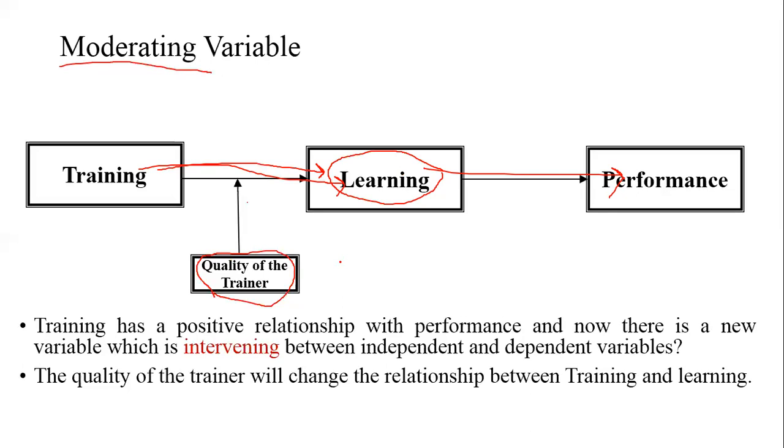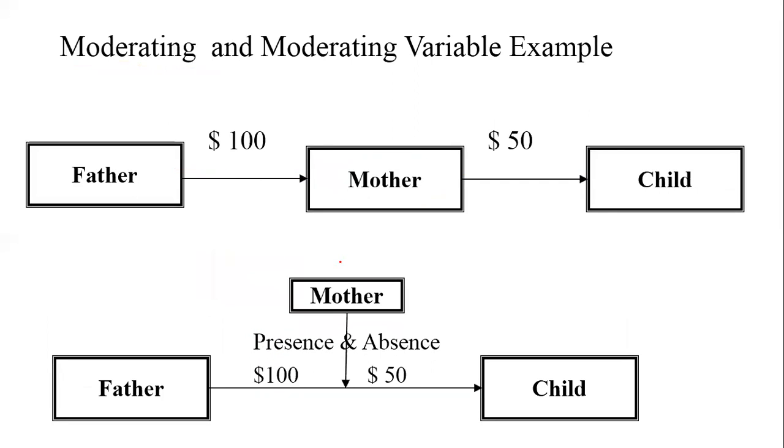Let's take another example to discuss this. Suppose there is a father who is the earning source in the family, and he gives some pocket money to the mother, and then the mother, out of this $100, gives some money to the child.